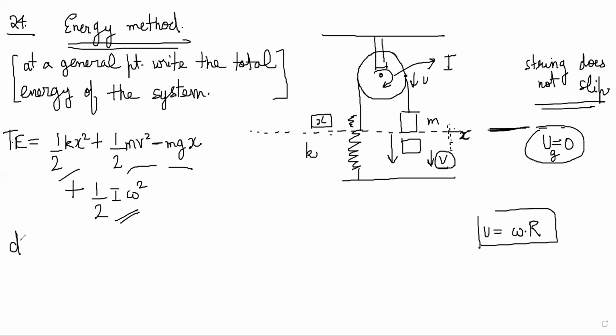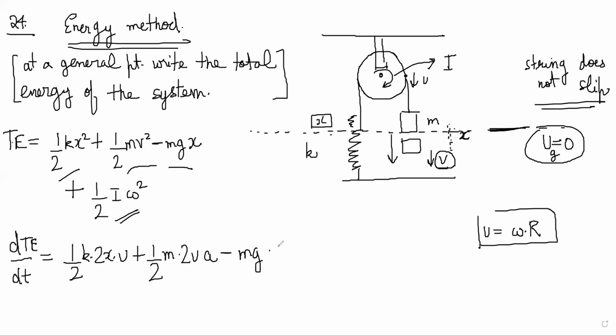Now I'll do dE by dt, which is equal to half k 2x dx by dt, where dx by dt is velocity, plus half m 2v dv by dt, where dv by dt is acceleration, minus mg velocity, plus half I 2 omega d omega by dt, which is alpha.